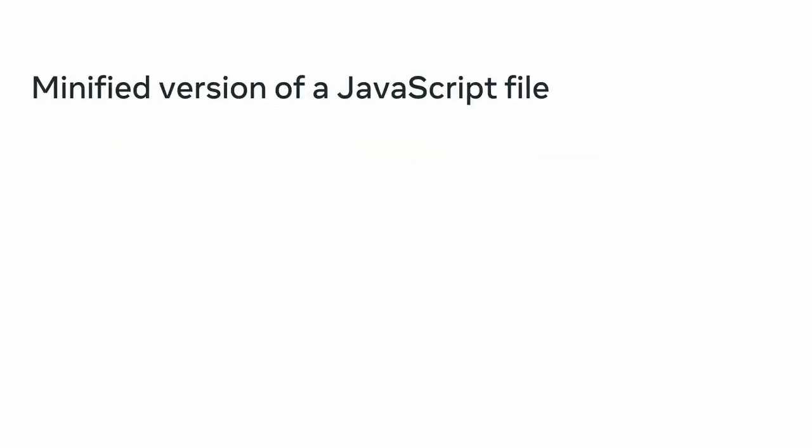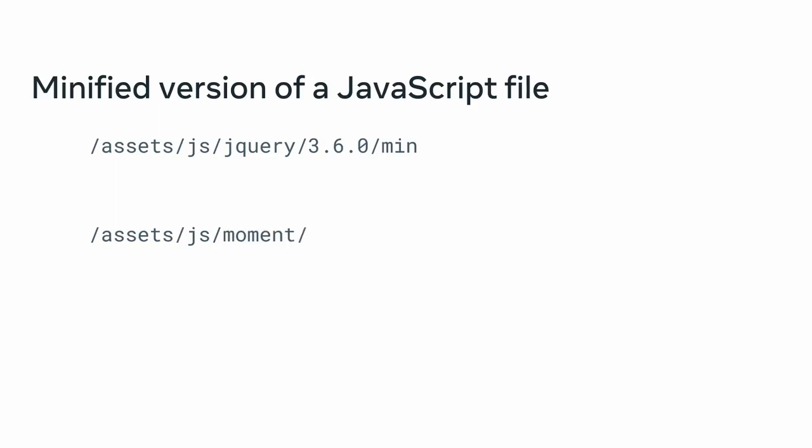Similarly, to deliver a minified version or source version of a JavaScript file, you use API endpoints like /assets/js/jquery/3.6.0/min or /assets/js/moment/2.29.4/original.